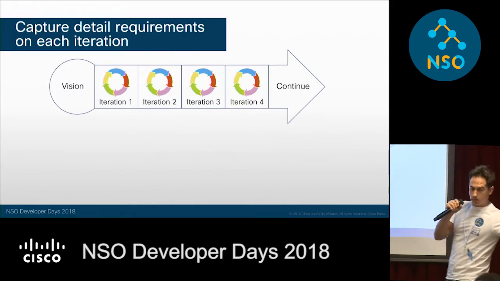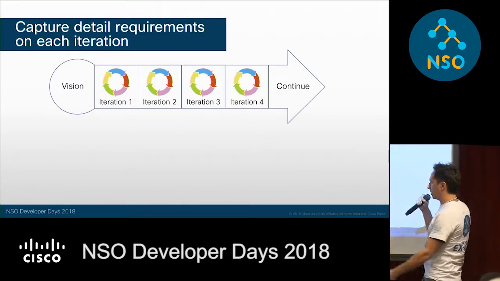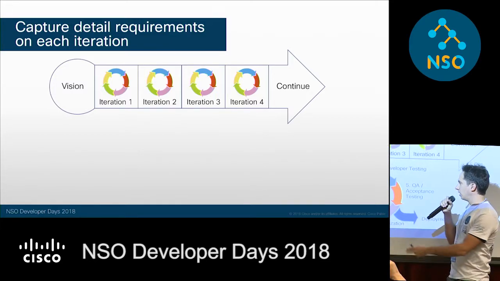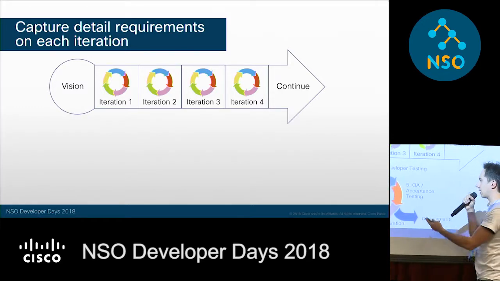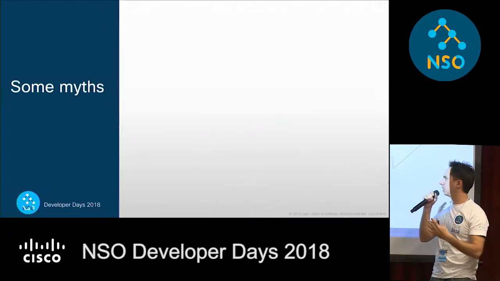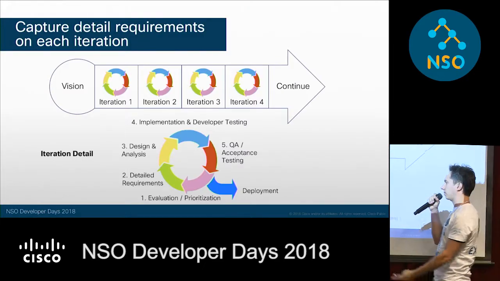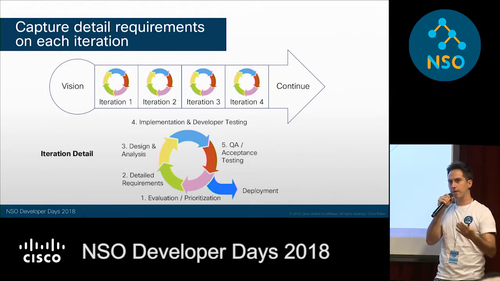The way an iteration looks like: first, you have a vision, you have to plan for it, you have to prioritize tasks. What you're going to do as the first concrete task with the customer is to start building requirements. So you start going there and gathering requirements.